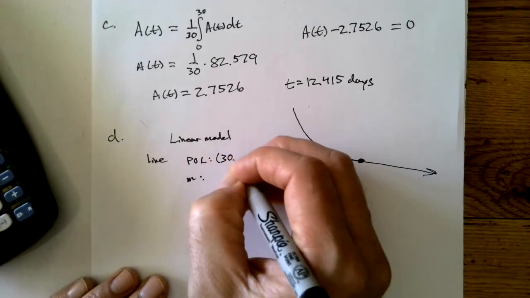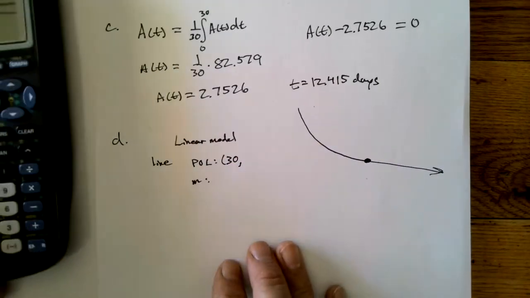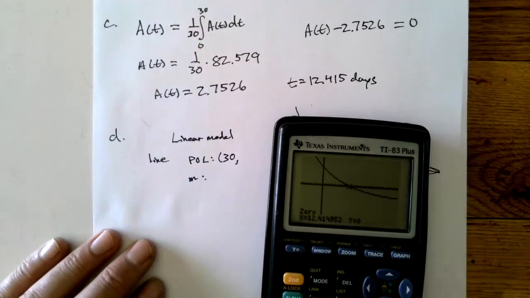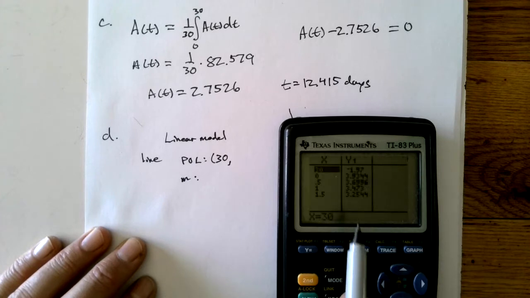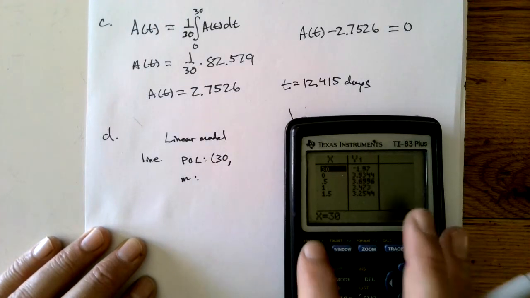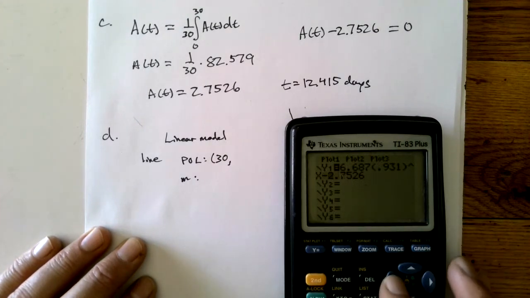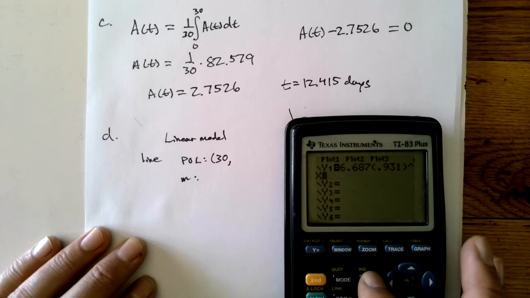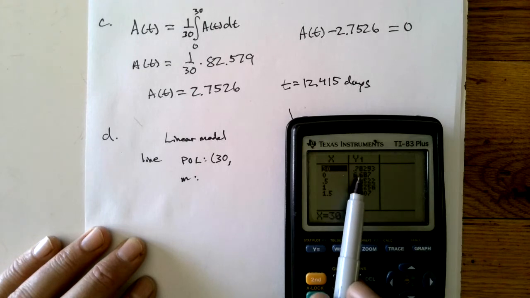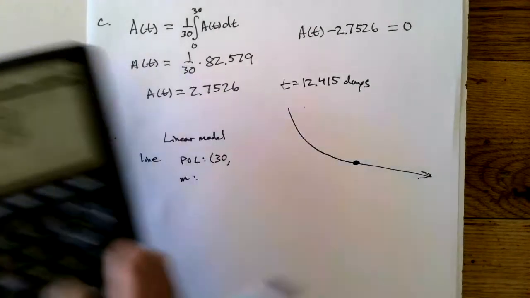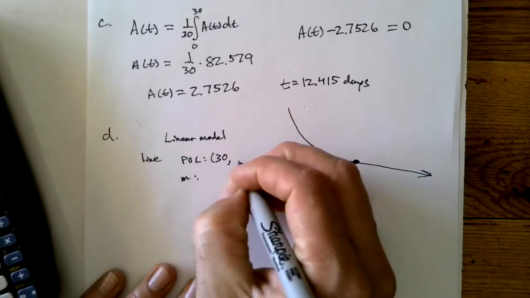Well, 30 is the x value. And then the y value, if we go to our table, we can find by typing in 30. I'm sorry, I've got to get rid of this minus 2 point deal over here. Okay, so it's 0.7829.